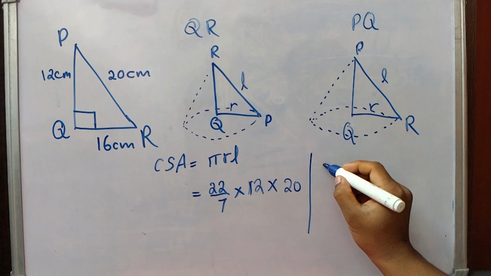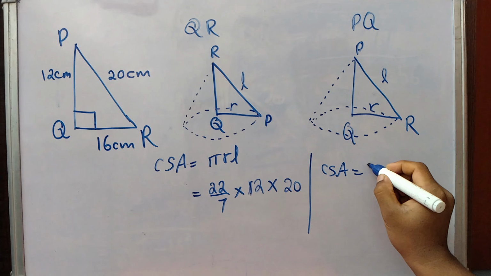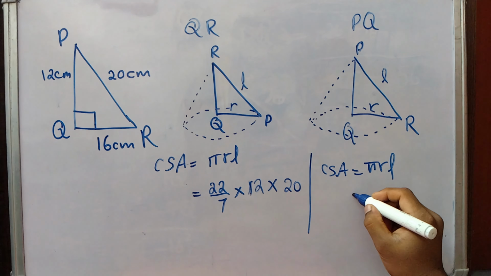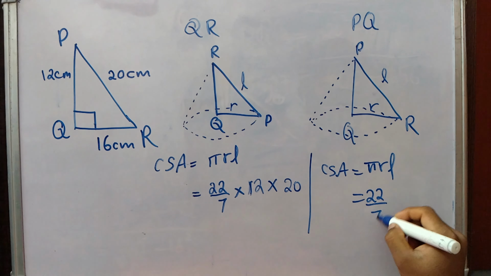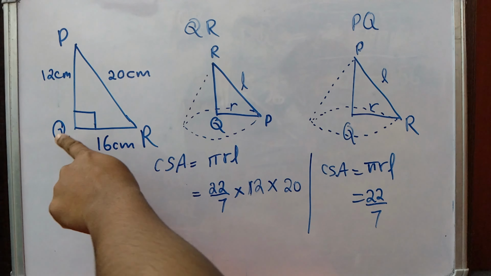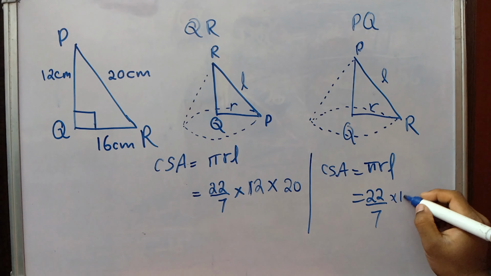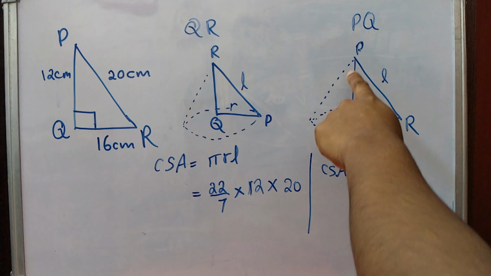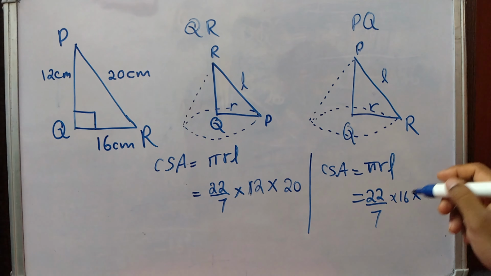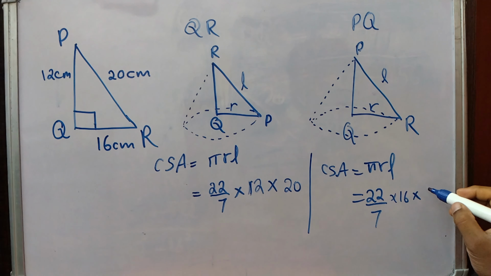And next one, the CSA is equal to pi R L, which is equal to 22 by 7, and its radius is QR, 16, into 16, into PR as the L, which we have to be 20.